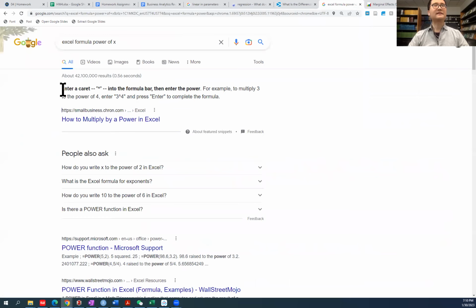So as it says here, highlighted, just enter a caret. Okay, wow, I got to learn a new word here. It's called a caret. Okay, in the formula bar, then enter the power, as I just illustrated. Well, great. One problem solved.